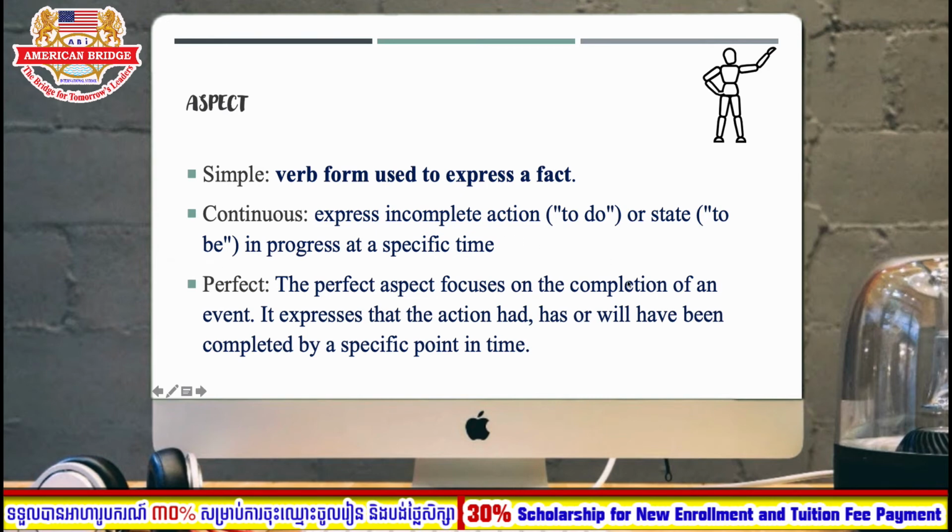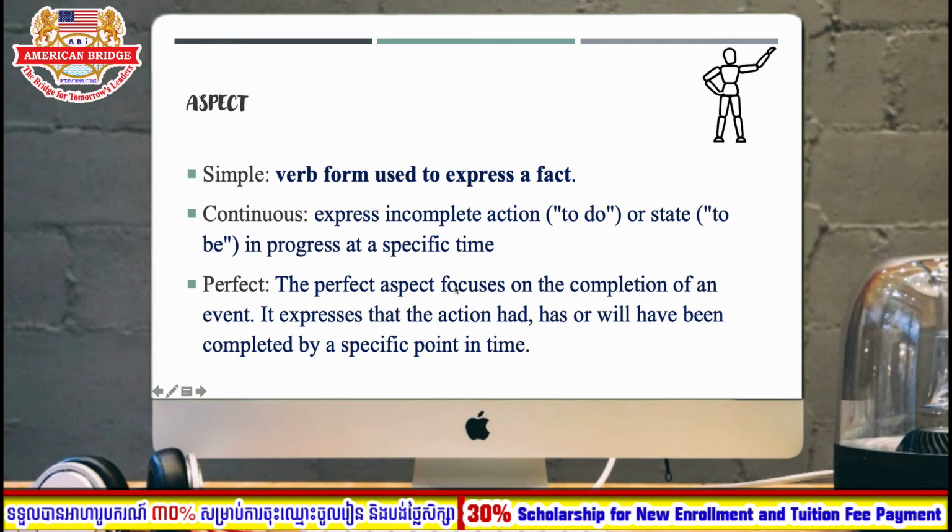It can happen in the past and continue up until the present, but we want to emphasize that those actions have already been completed. Okay, for example, let's say I have read 5 books, right? We don't care about when we read those books, but we want to emphasize that we have already read those 5 books. So it focuses on the completion of an event or action.